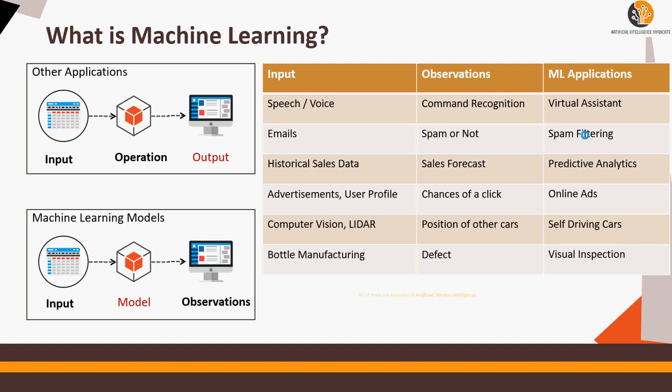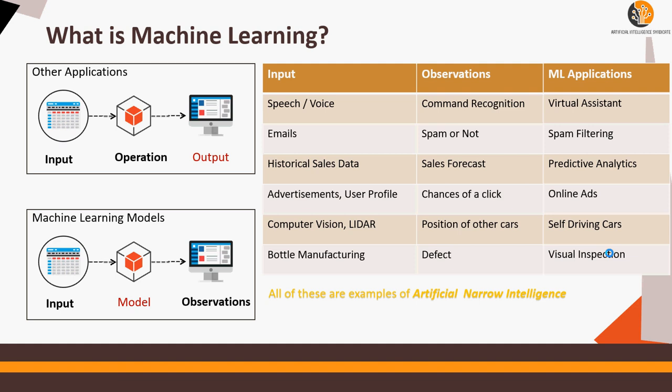And then these examples, which I just talked about, are examples of artificial narrow intelligence, meaning that all these applications like virtual assistant, spam filtering, predictive analytics, online ads, based on what are the chances of a click, based on user profile and advertisement type. So all of these machine learning AI applications are examples of artificial narrow intelligence, which is specific to a task.